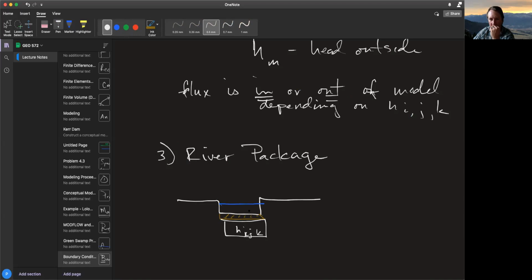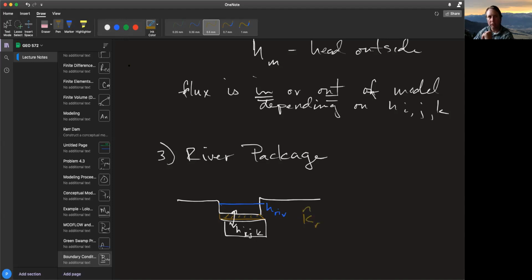The flux into or out of the model will depend upon the head in the stream, H river, and then the conductance, which I'm going to call K river or K hat R.